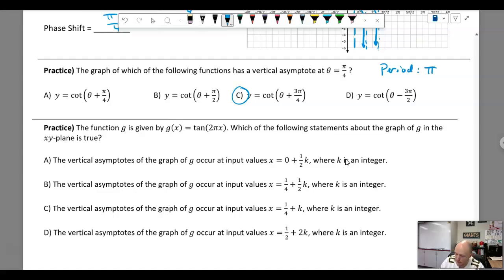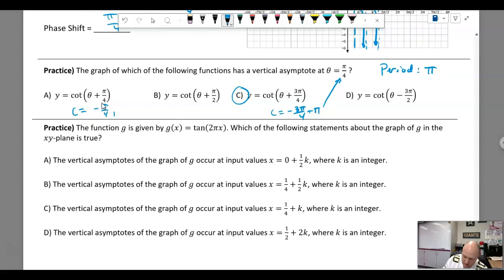Your period is pi. So if my vertical asymptote, my first one here, is at -3 pi fourths, I'm adding pi to that, which gives me pi fourths, okay? If I went with this pi fourths, if my C value here is -pi fourths, I'm moving left pi fourths.